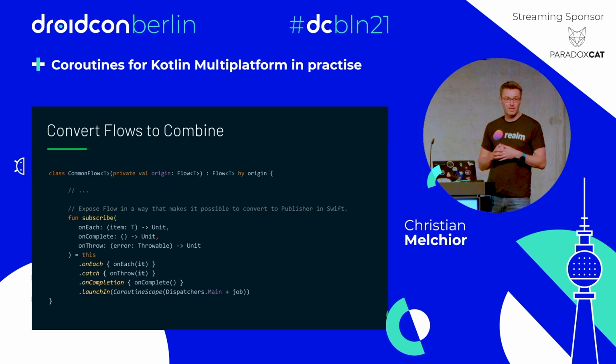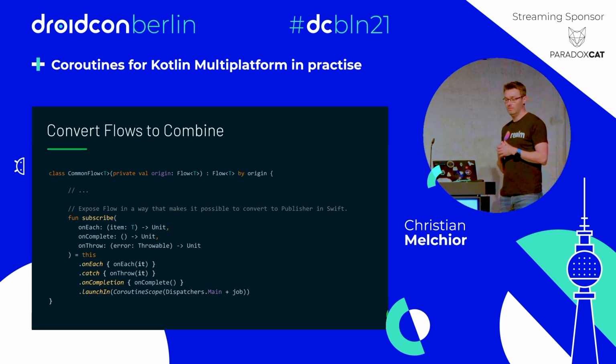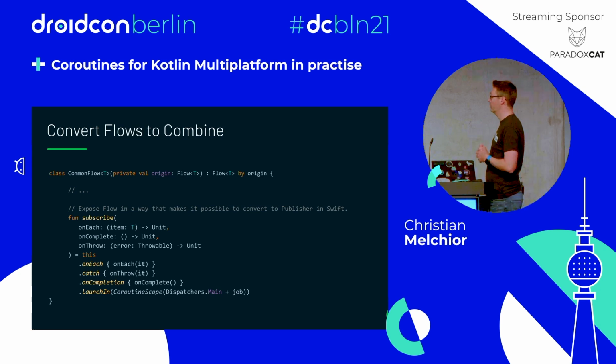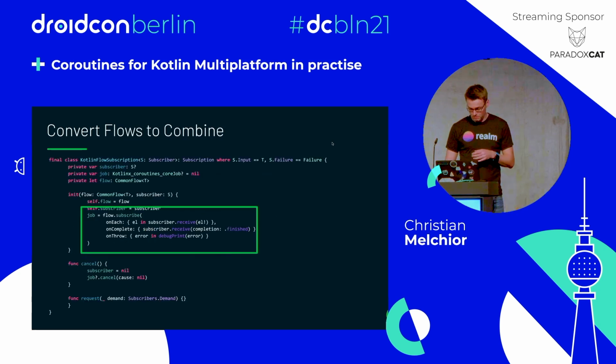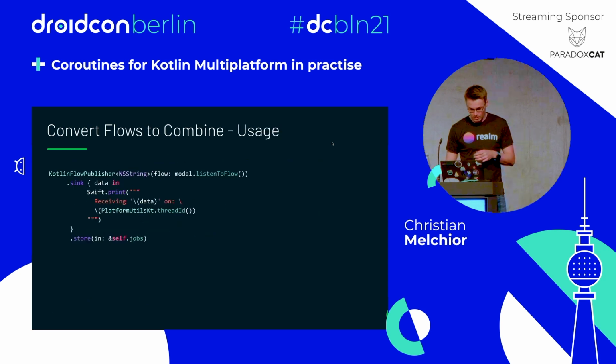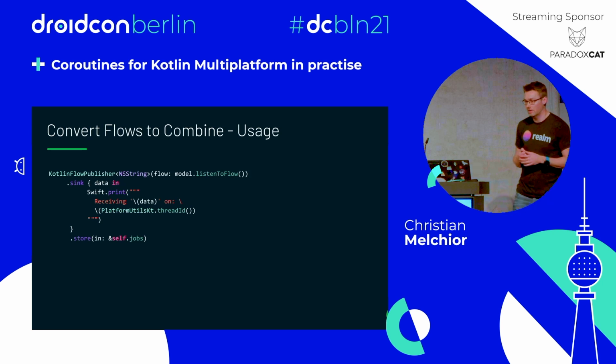And then on the Kotlin side, we just have to implement these and make sure that we catch these scenarios in the flow and dispatch them correctly. And if we do this, then we can get something that looks pretty reasonable on the Swift side.